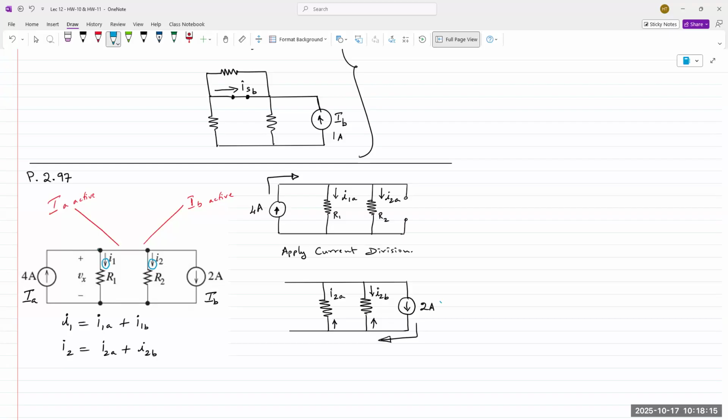The 2 amp current is flowing down, so it goes up in these two branches. That means we have to take I2A and I2B as negative. Keep that important point in mind when we solve this. All right, let's take a pause. Think over that. Let me know if you have any questions.